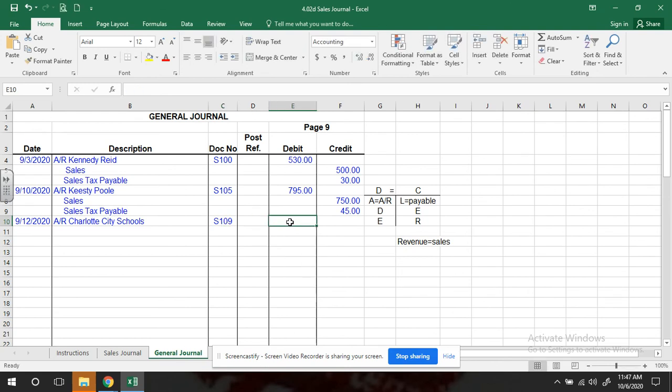And they bought $150 worth of merchandise, and they are exempt from sales tax. So it's just 150, 150. That's all there is to that one.